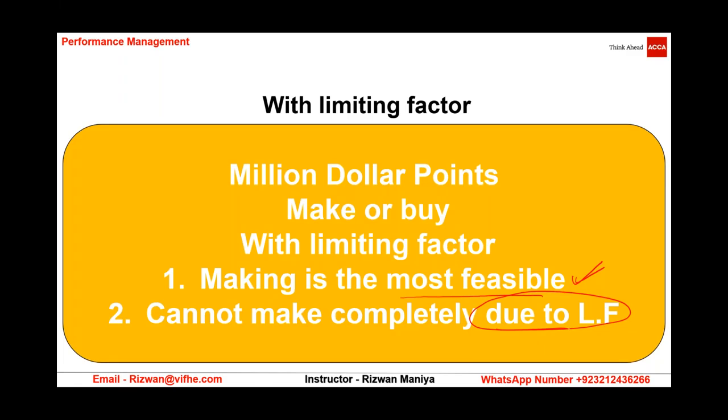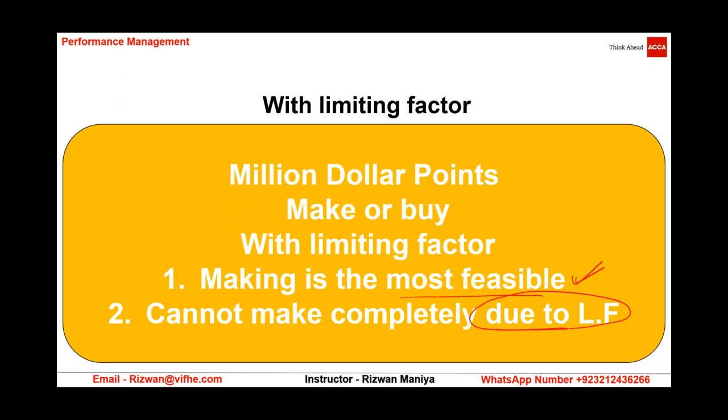So the mindset has changed now. Understand? In case of without limiting factor, the mindset of the $1 million point was buy or make. So you compared there. Okay. But in make or buy with limiting factor, what happened?